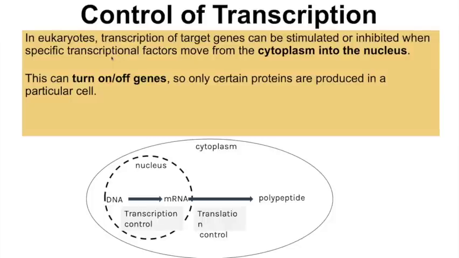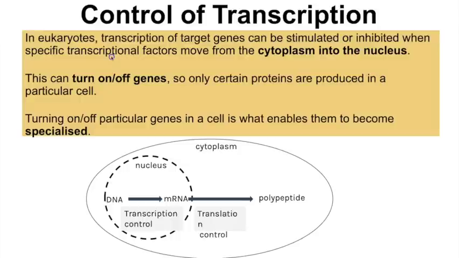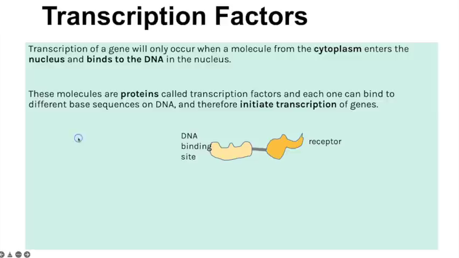And when they do that, they can bind to receptors into the DNA to either turn on or off genes. And what that means is that gene will either be transcribed or it won't, and therefore the protein will either be coded for and created or not. And it's this turning on and off genes which makes cells specialized.